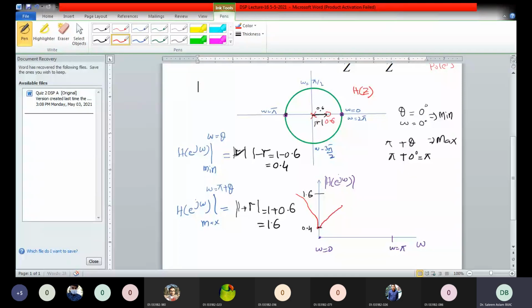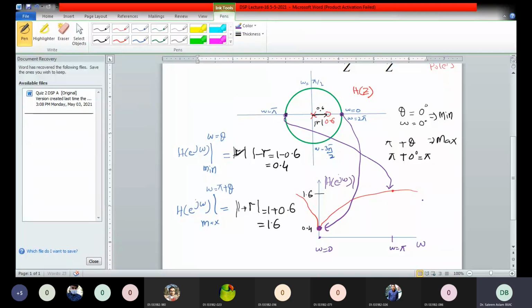It will start at 0.4, and it will reach the maximum value at this point. This is omega equal to pi, and this is omega equal to 0. So this point, let me take the purple color again. This point is omega equal to 0, and this point is this one.